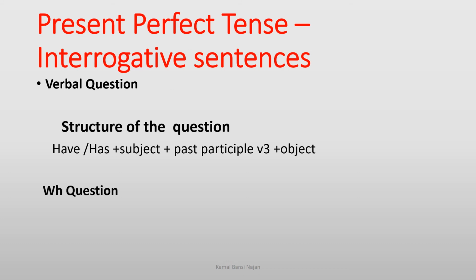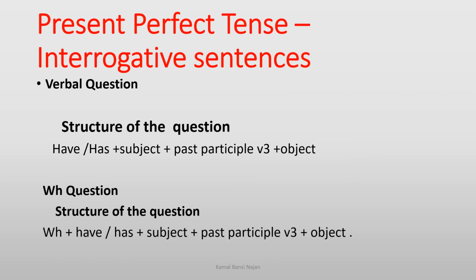For WH questions, the structure of the question is WH word plus have or has plus subject plus past participle or verb 3 plus object.